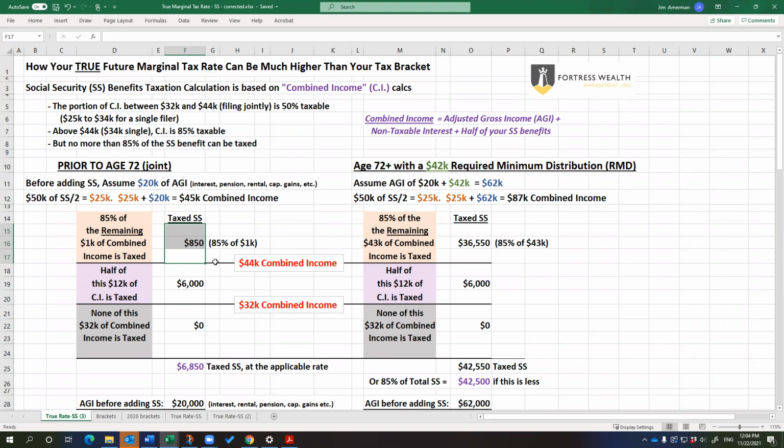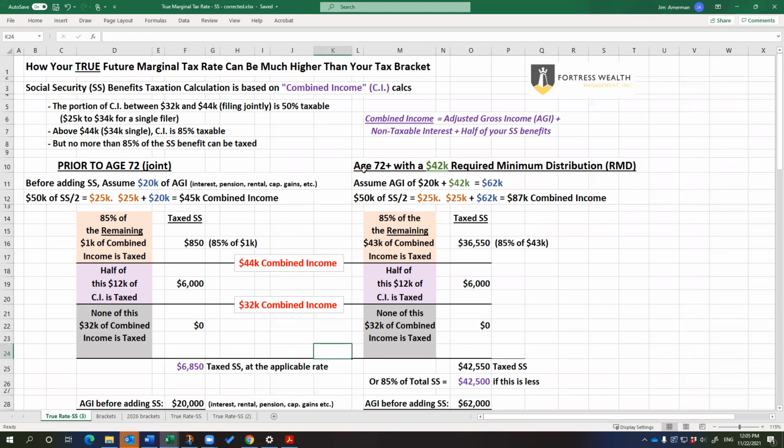So there was only 1,000 remaining. 45 minus 44 is 1,000. 85% of that's 850. So we add the 850 to the 6,000, we get 6,850. That's how much of the Social Security is taxed. Out of the total 50,000 of Social Security, only 6,850 is taxed. That's going to be at the applicable rate for their taxable income. In this scenario, it's going to be at a 10% federal rate.